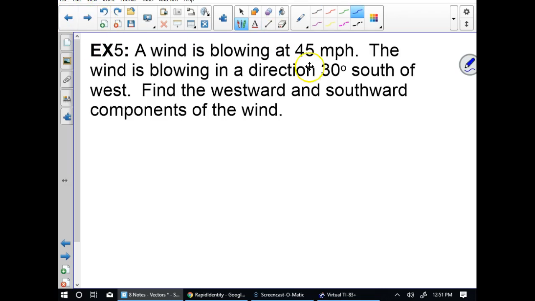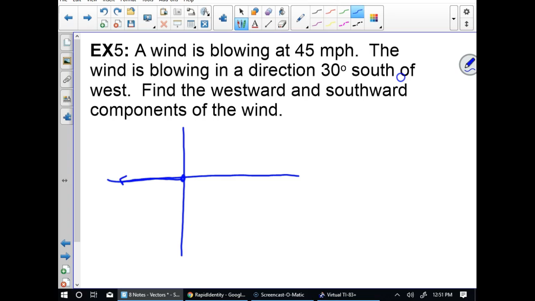So, a wind is blowing at 45 miles per hour. The wind is blowing in a direction 30 degrees south of west. Find the westward and southward component. Let me tell you why you might want to do something like this. Let's say the wind is blowing at 45 miles per hour, 30 degrees south of west. So if we draw this in here, 30 degrees south of west, the main direction is west.